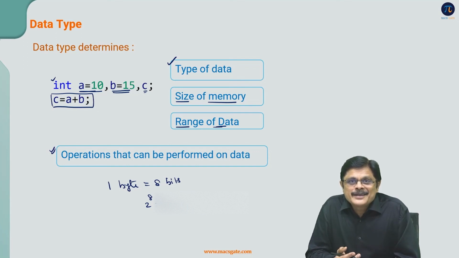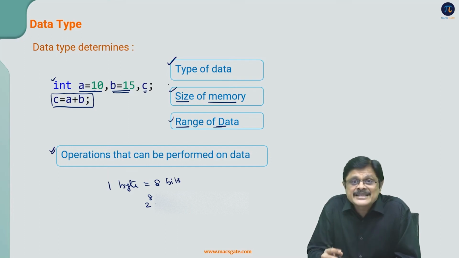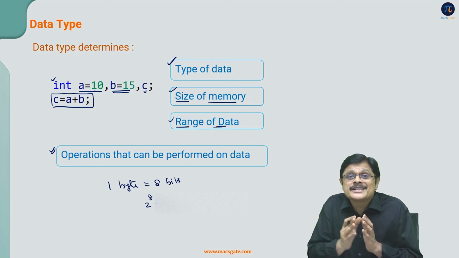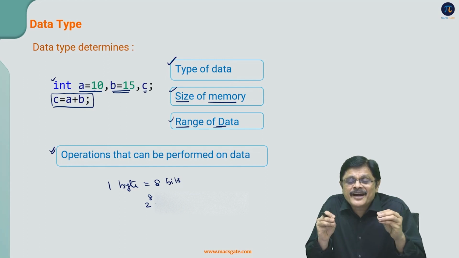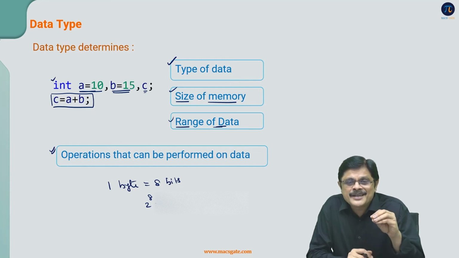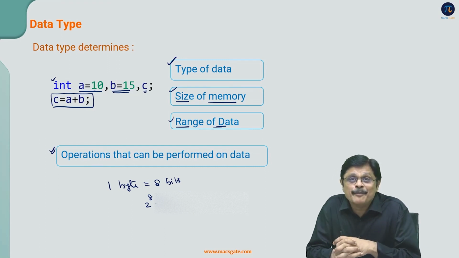My dear friends, when you say a variable is defined, not only its size, range and type are described, but also the operations, because these are all the default types defined in the C language. For default data types, not only the type, size, range, even the operations are predefined, built in.